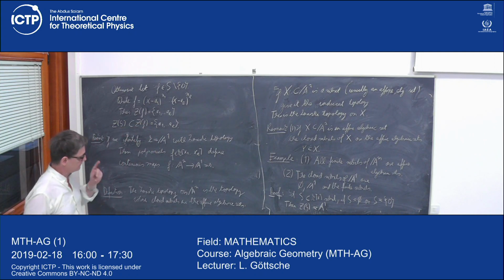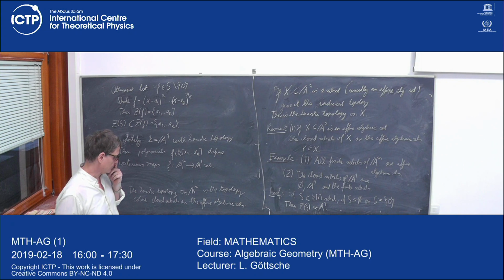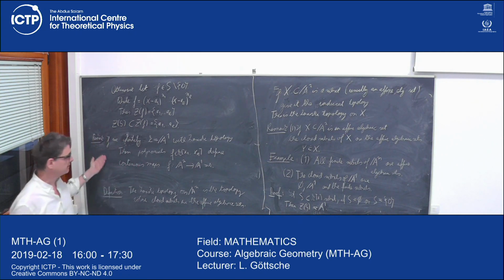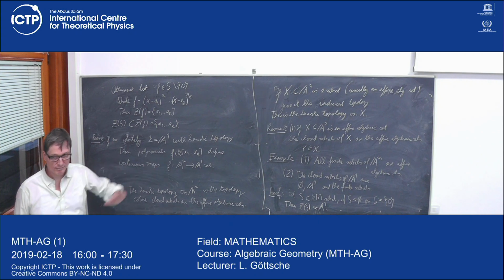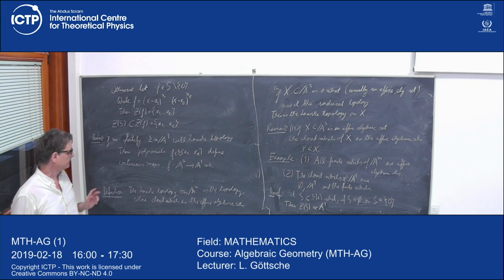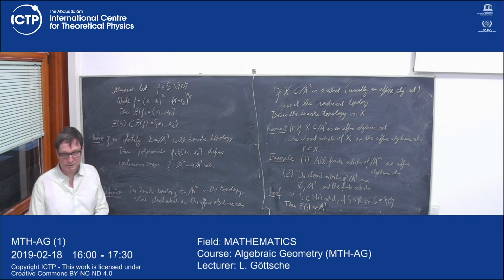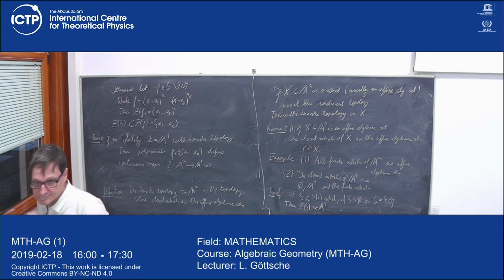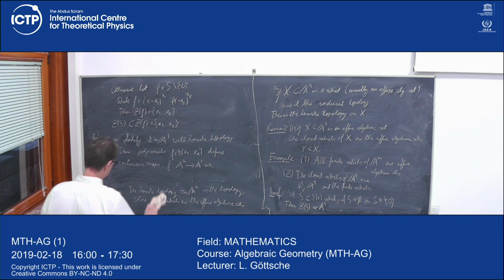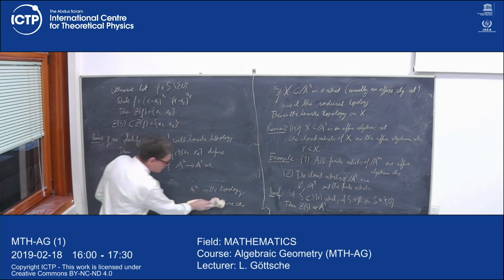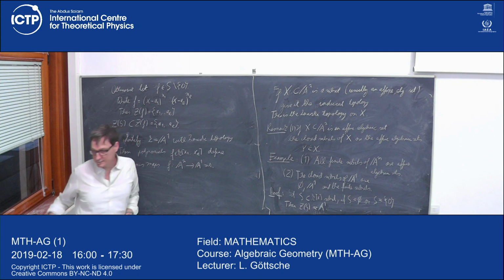So in that sense, this is an easy exercise to see that. It follows more or less from the definition. In fact, the Zariski topology will be the coarsest topology for which polynomials are continuous. But we don't need that, I just wanted to mention it.